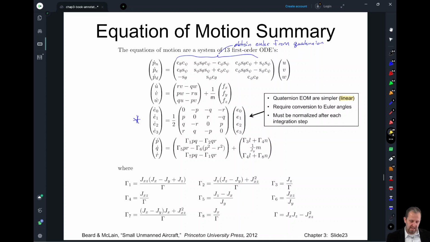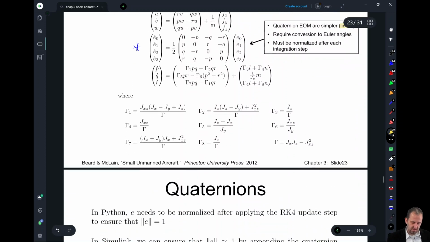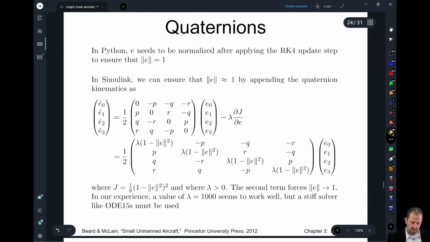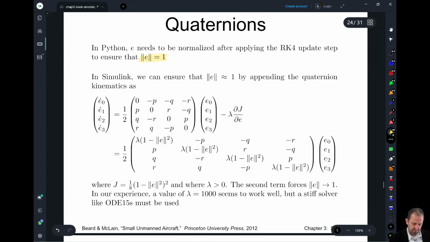We have one caveat, and that is that we have to make sure that the magnitude of our quaternion is equal to 1. We'll see that it's provided for you in code, but here are some details as well.